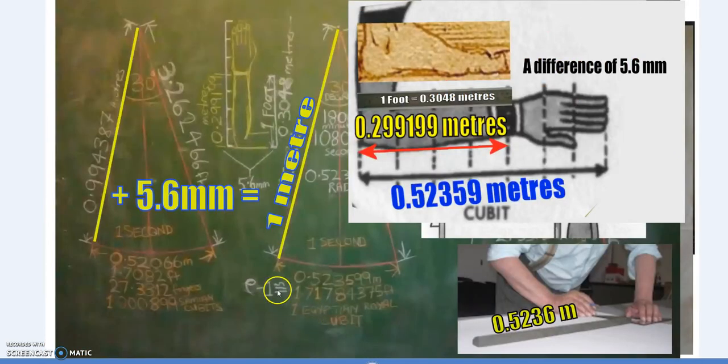Now that is important because one Mersenne or George Washington or Talleyrand yard is 1 meter minus 5.6 millimeters. The difference between the English foot, and let's just call it the ancient Egyptian royal foot, is 5.6 millimeters. That's exactly the difference within 0.000013 millimeters.